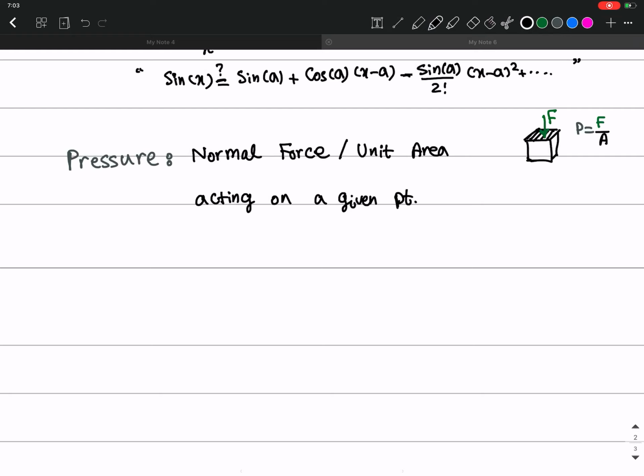And now I want to discuss a general law in fluids, which is known as Pascal's Law.